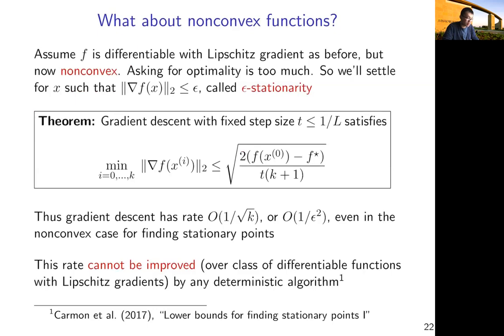So in some sense, when you use gradient descent to minimize a non-convex objective function, and all you know is that it is smooth and satisfies Lipschitz gradient, then gradient descent is already the best algorithm out there computationally, at least up to a constant factor. So the proof of this theorem is actually revealing.